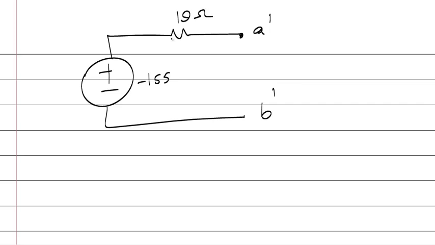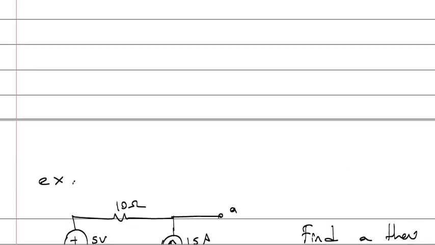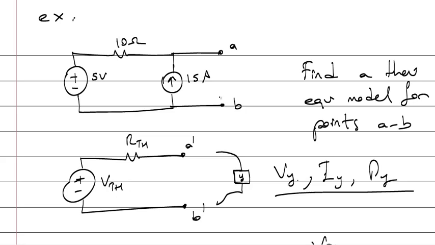Okay, this circuit behaves, if you look at the points A prime, B prime, and if you look at the A and B of this circuit, you cannot understand any difference. If you measure the voltage with a multimeter, you will see same values.